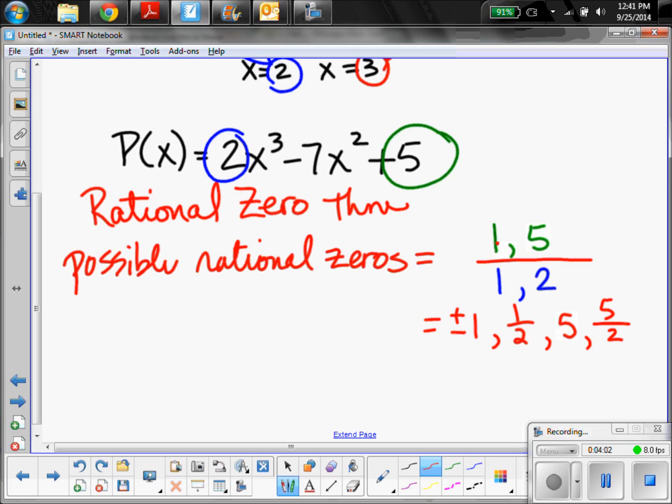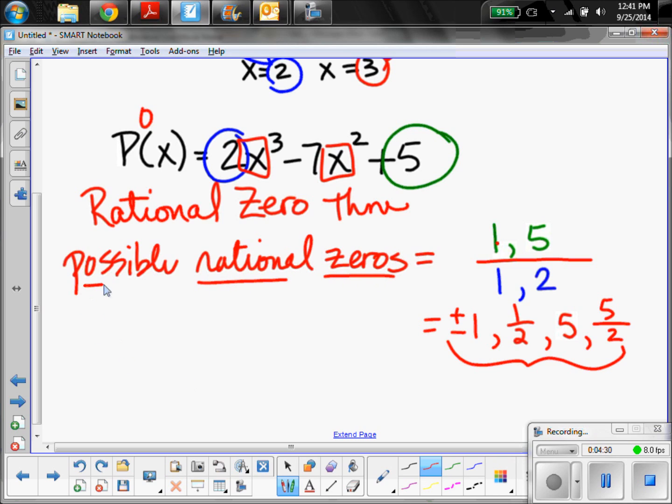So all positive and negative values of these 4 numbers, this is the cool part, are the only possible rational numbers that I could plug in for this x and for this x that just might even give p of x as 0. So we've narrowed it down to 8 values. This is the rational zeros theorem.